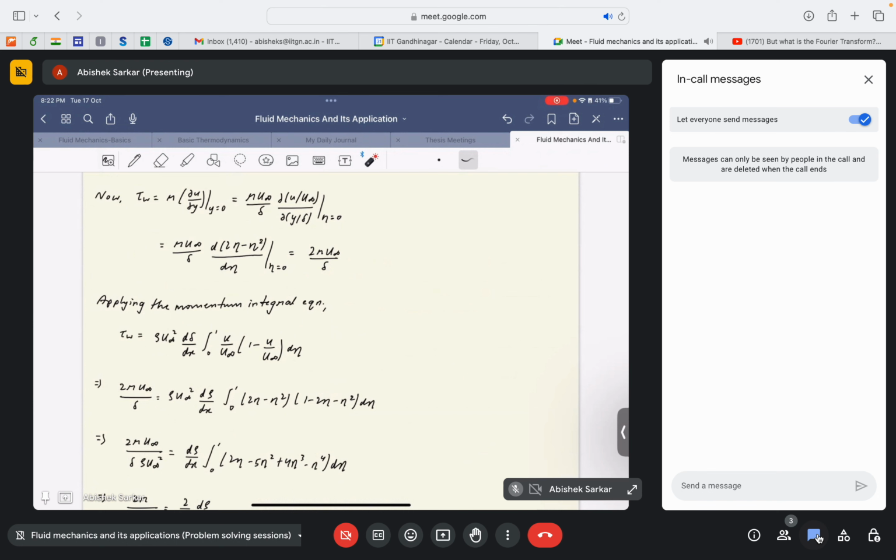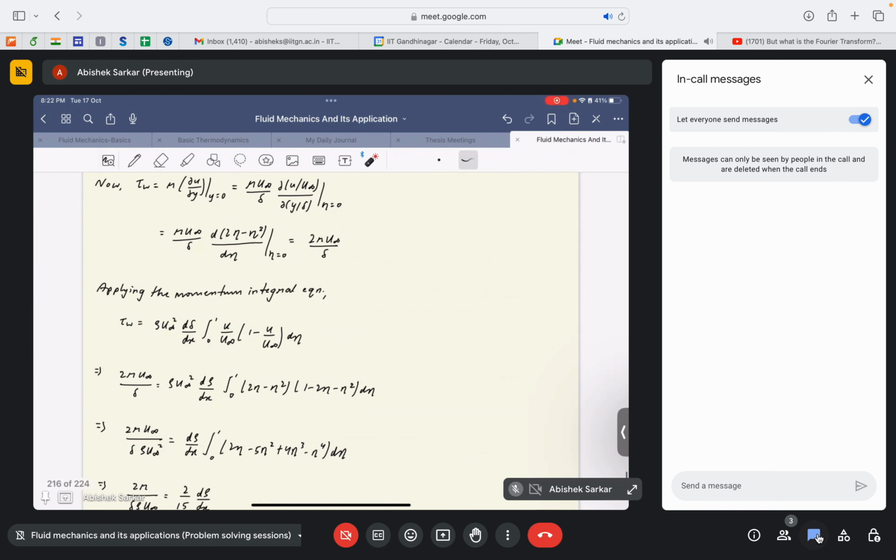Substituting these two in the von Karman expression, we get 2 mu u infinity by delta is equal to rho u infinity square d delta by dx times the integral from 0 to 1 of 2 eta minus eta square, times 1 minus 2 eta minus eta square, d eta. This comes from a variable transformation: instead of integrating over y, we integrate over eta, where eta changes from 0 to 1.